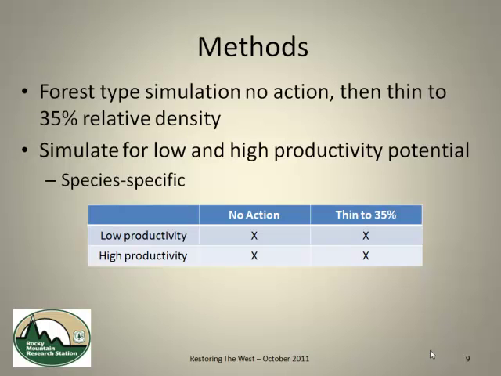And then we're going to repeat that same thing for low and high site productivity potential. So in forestry, we tend to measure that with site index, and I'll come up with a proxy for that for pinyon-juniper. So we have this cluster of management outcomes.